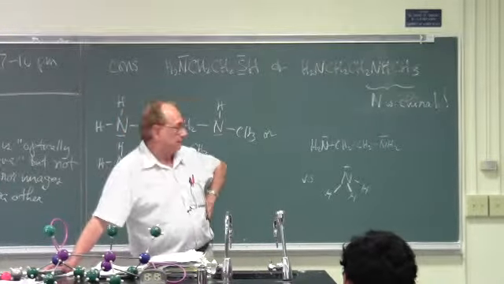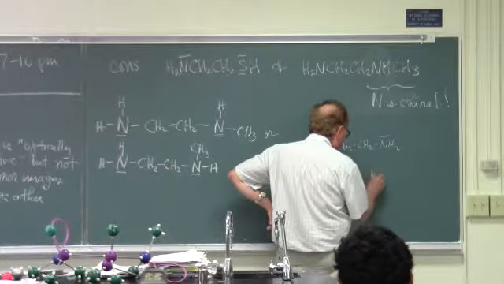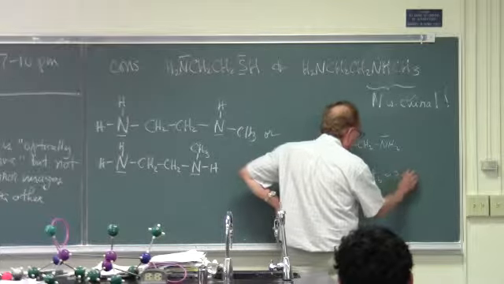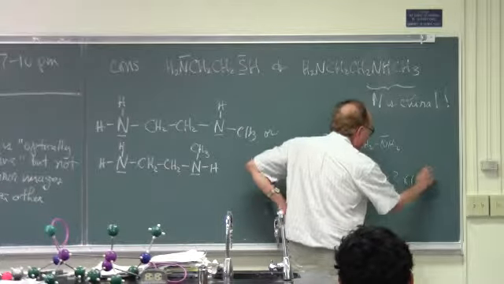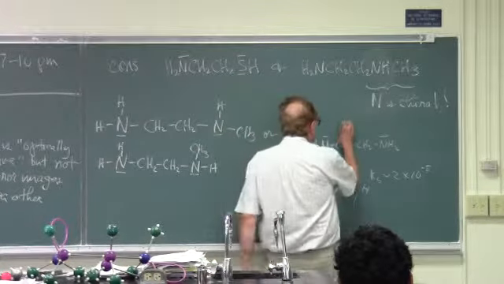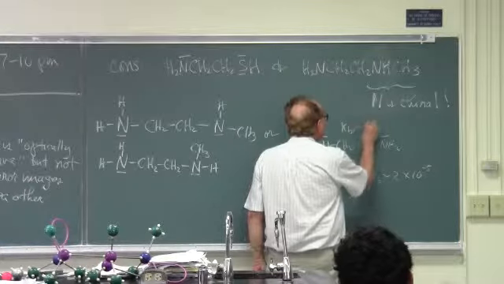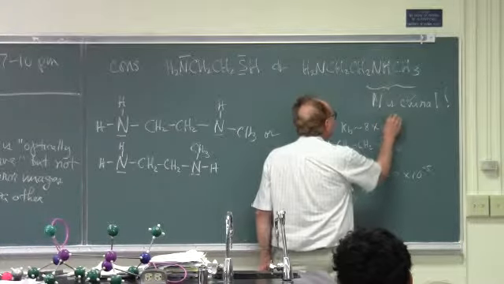What did we find out? We find out that Kb for ammonia is 1.8 times 10 to the minus 5. We'll rough it as 2 times 10 to the minus 5. Whereas Kb for this is on the order of 8 times 10 to the minus 5.